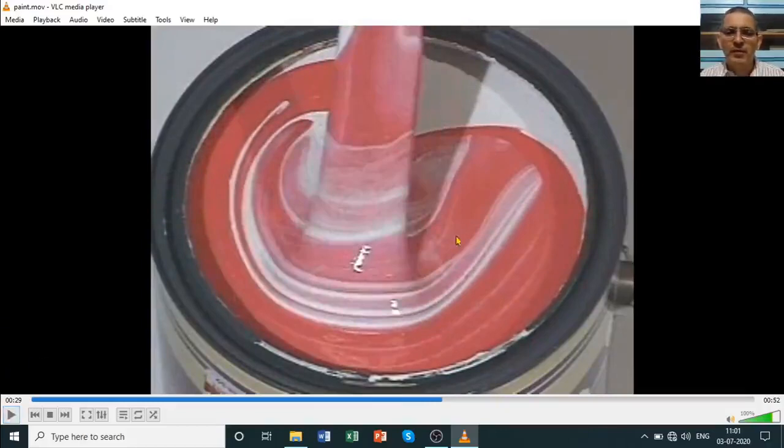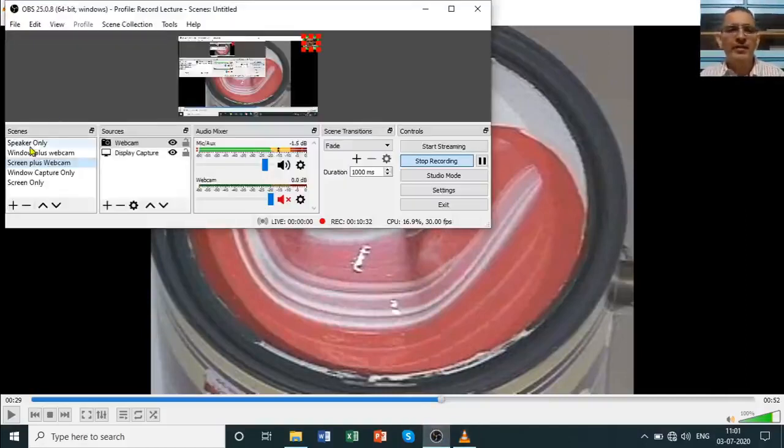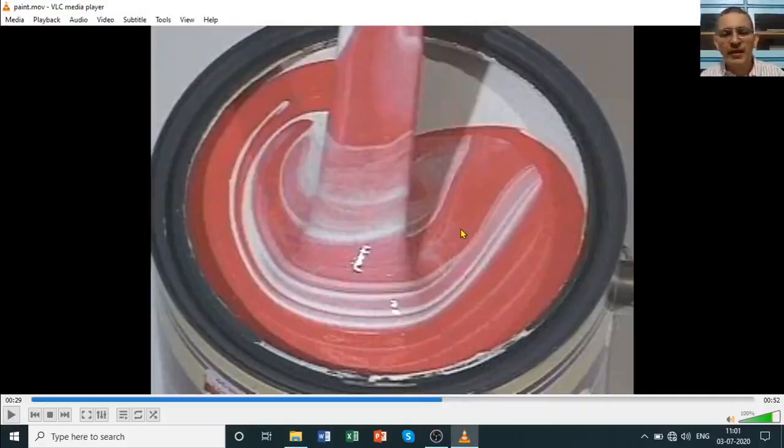Now this is a red paint, this is a white paint, and the mixing happens by mixing of these different layers of paint. As if the red paint and the white paint are being broken up into different layers, and then these different layers are mixing with each other, or the paint is mixing across these different layers. So that's one kind of mixing that happens.